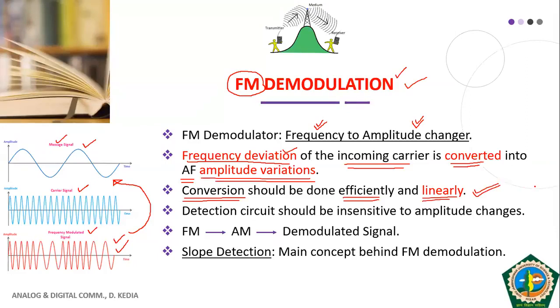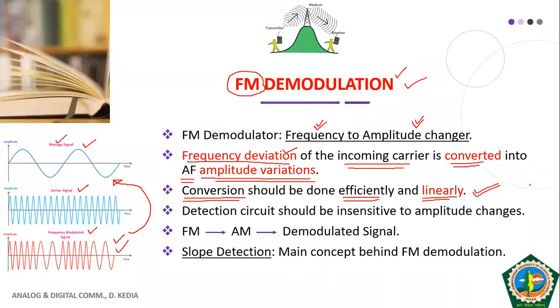So students, in FM demodulation, the main problem that we will face is we will be able to convert frequency changes into amplitude changes, but ensuring the linearity while converting frequency to amplitude changes is very, very important, and it's not easy also. So that's why in different methods, as we move from one method to another method, our aim will be to ensure linearity as far as possible.